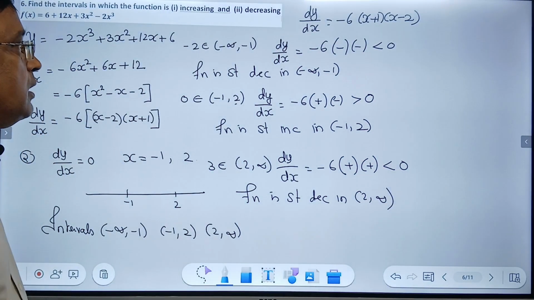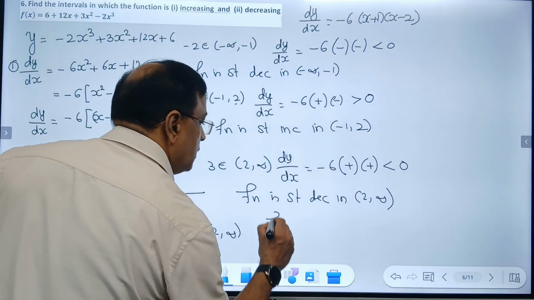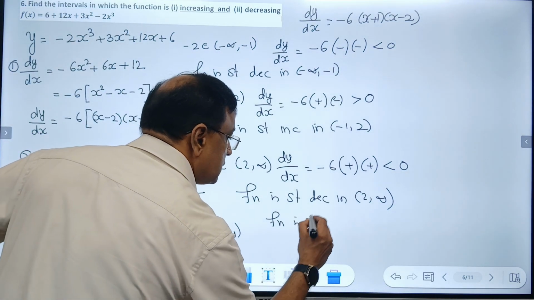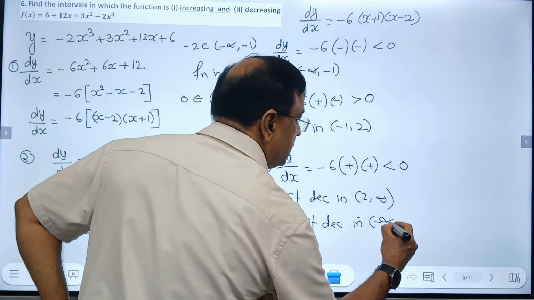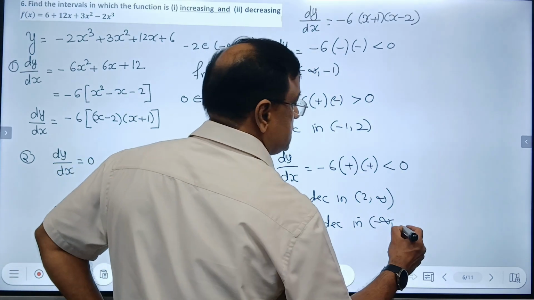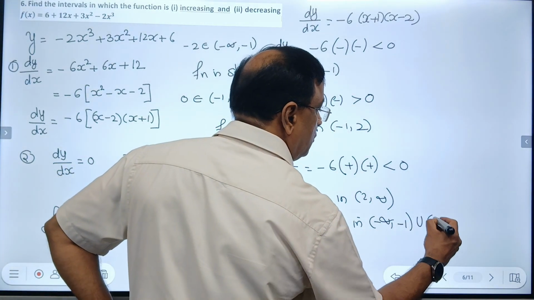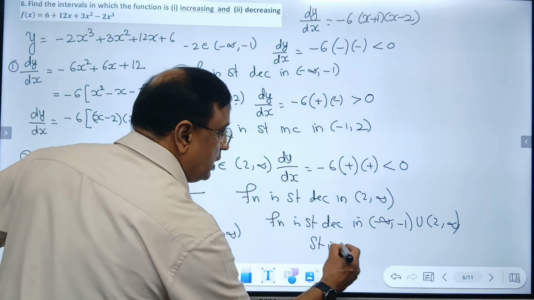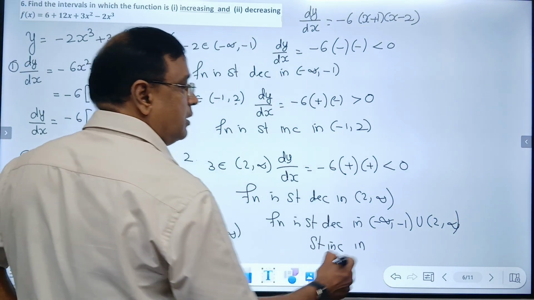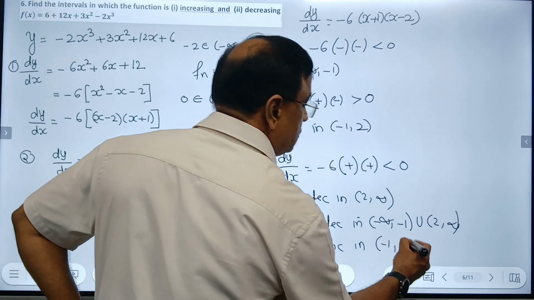So now what is my conclusion? My conclusion will be the function is strictly decreasing in minus infinity comma minus 1 union 2 comma infinity, and it is strictly increasing where? In minus 1 comma 2.